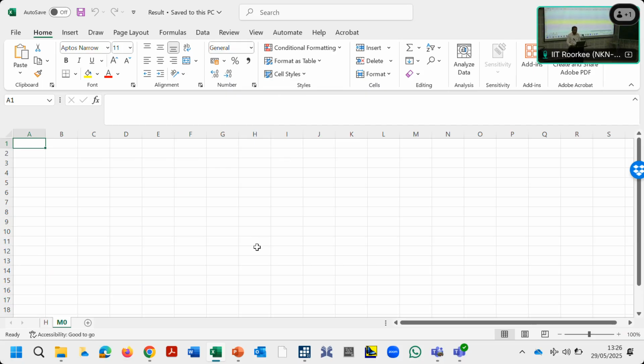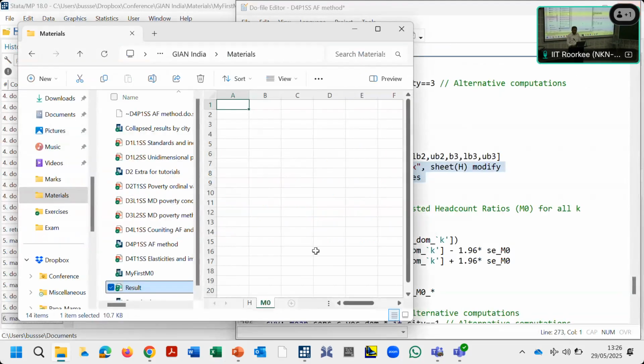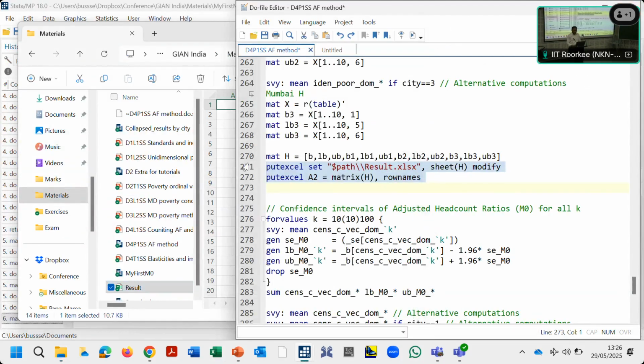Now, once you have created it, please create a sheet called H, capital H, just like this one. Name the sheet as H. Please save the file and close the file. Then run lines 271 and 272.